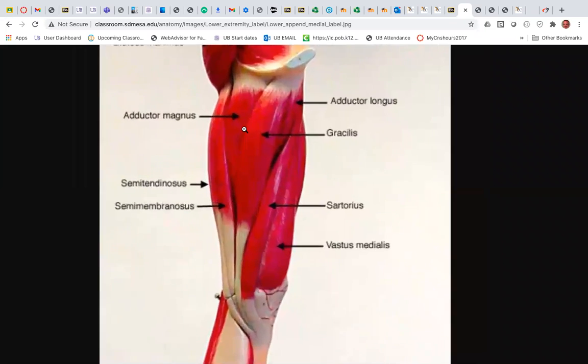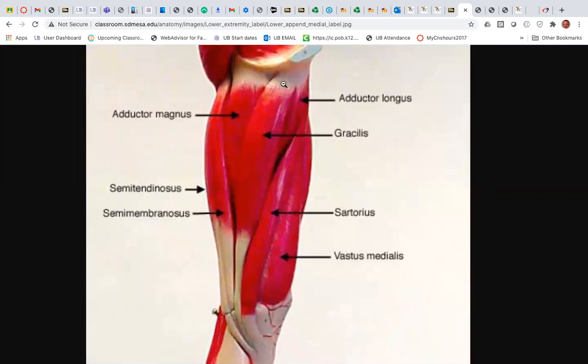And then this large muscle right here that occupies most of the medial compartment. It's large, so it's magnus, adductor magnus. Adductor longus, gracilis, adductor magnus, they all adduct the hip, or adduct the thigh, or adduct the femur. They're all interchangeable.